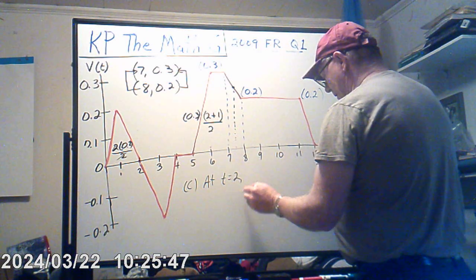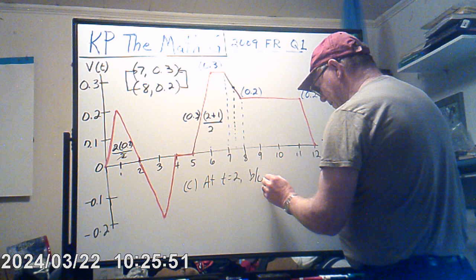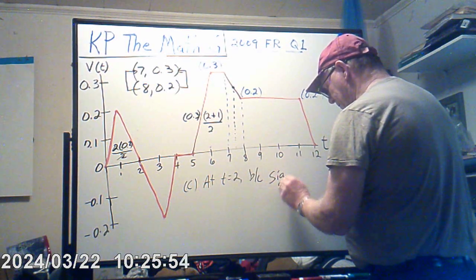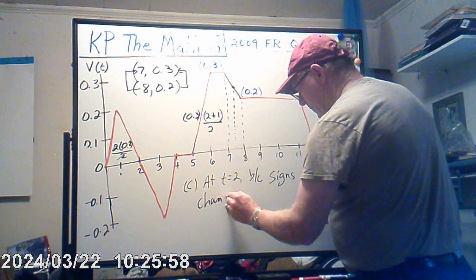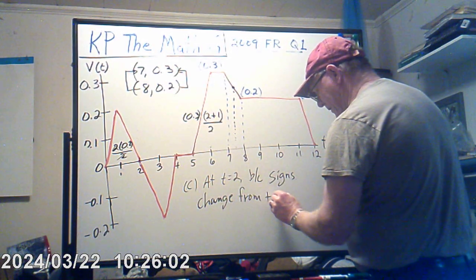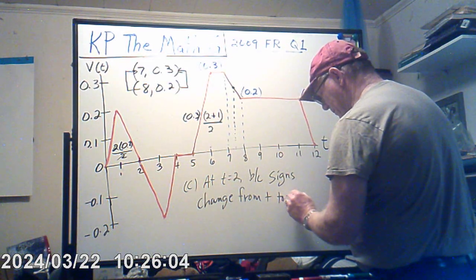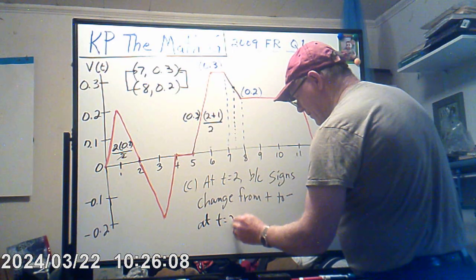And I'm abbreviating, I know, because signs change from positive to negative at t equals 2.